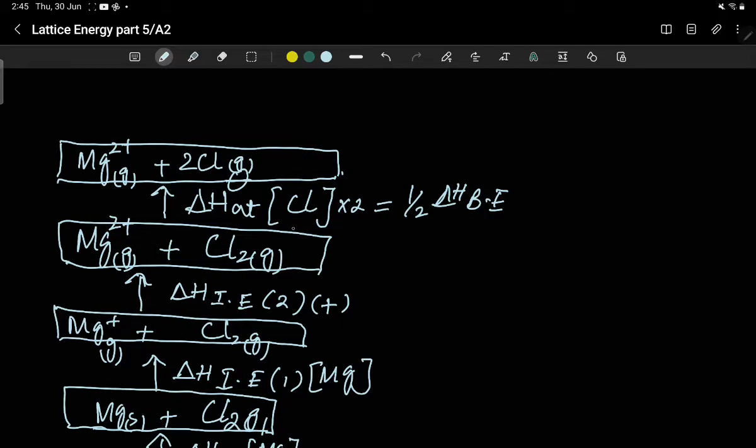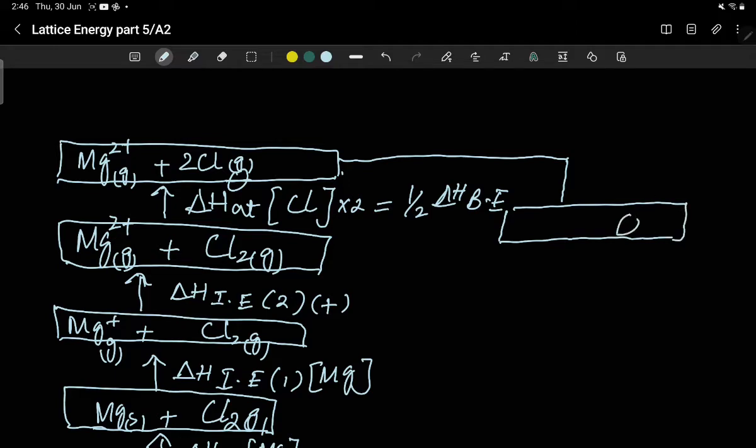And it is further multiplied with 2 because there are 2 chlorine atoms. Next, chlorine gaseous atom changes into chloride ion.